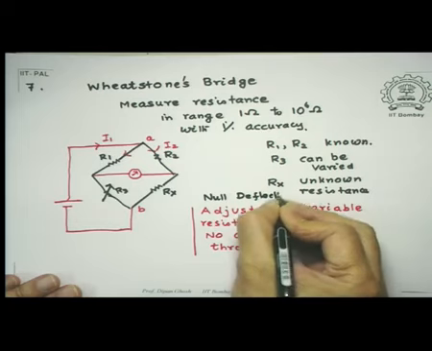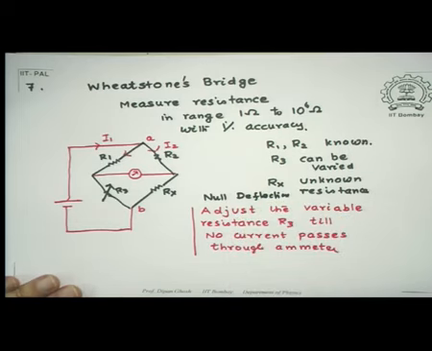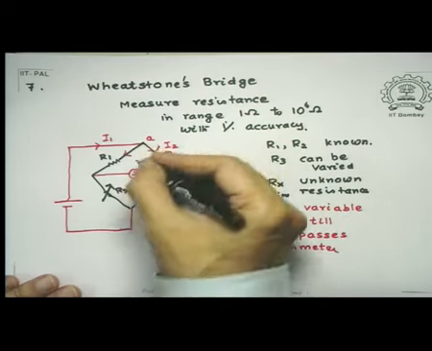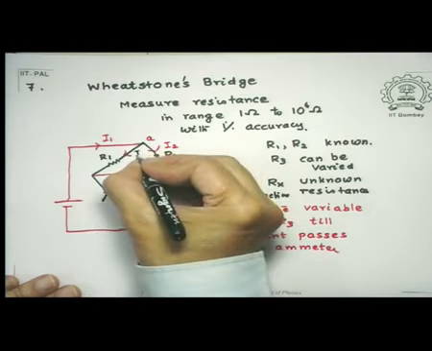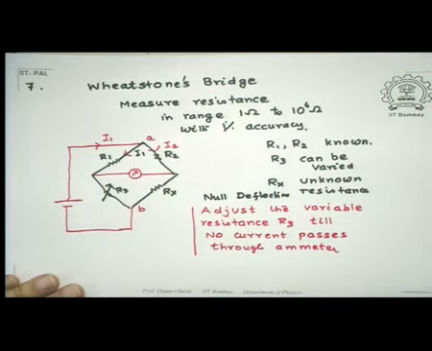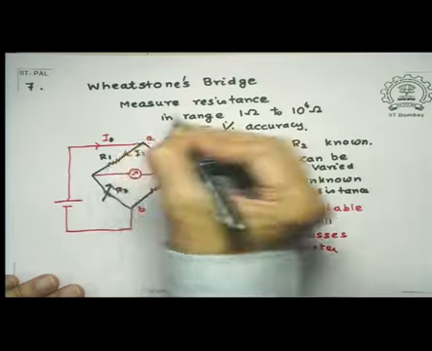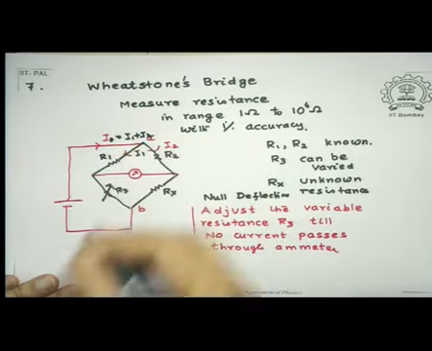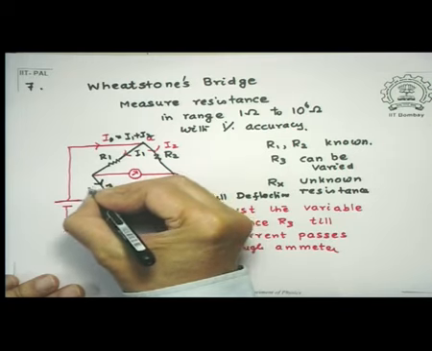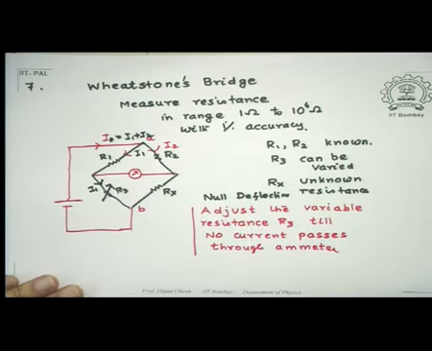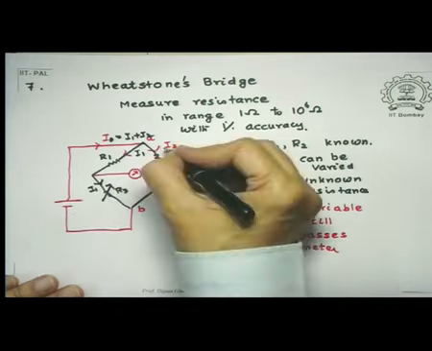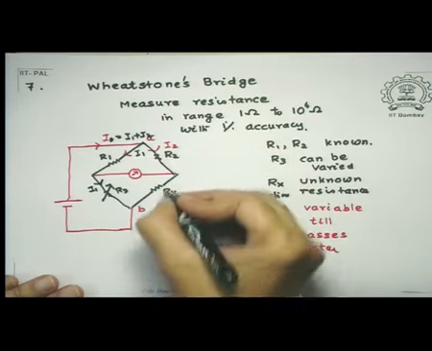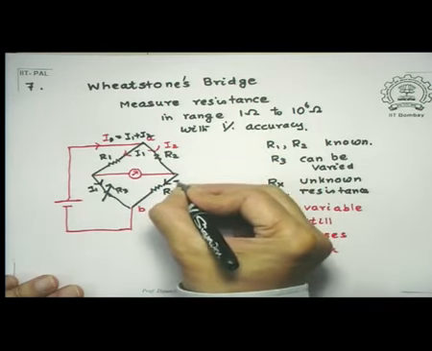Now you see what happens is this. When there is null deflection, this current I1 which is coming from here, sorry, this I equal to I1 plus I2, that will all pass through this one. And likewise, this I2 which is coming in here will go through this.